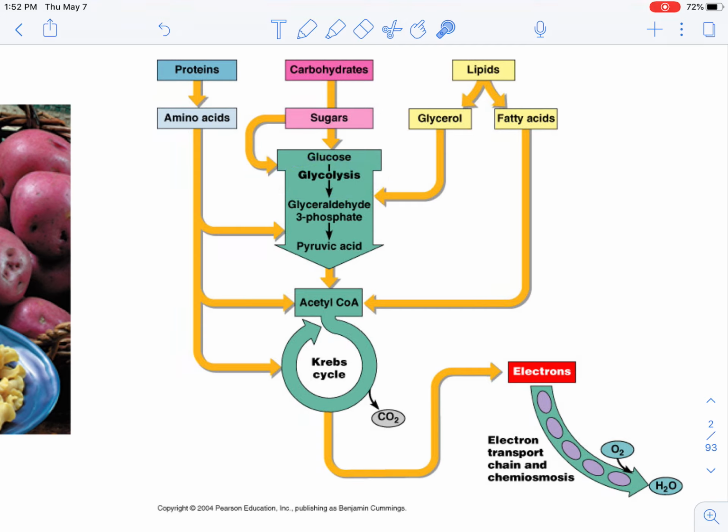All of those electrons extracted from glucose are eventually going to be passed down to the electron transport chain, and the electron transport chain provides this chemiosmotic potential to basically produce our biological energy, which is in the form of ATP. This process to produce ATP is nothing more than a series of oxidation reduction reactions.